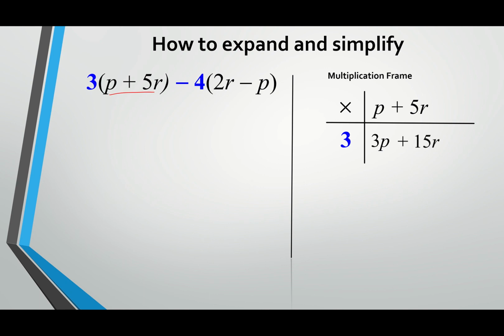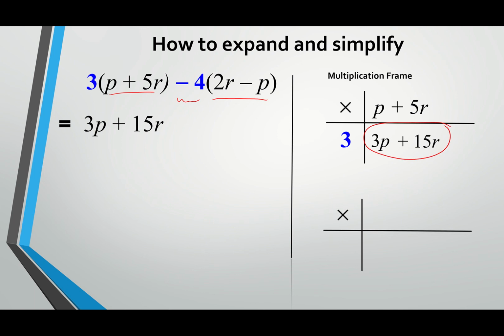The other one, guys. We have 2r minus p, times negative 4 outside. Again, we'll use the multiplication frame. Sorry, we're going to write this down first. 3p plus 15r from here. Now we do the other bracket. 2r minus p inside the bracket, negative 4 outside the bracket, and we're going to multiply.